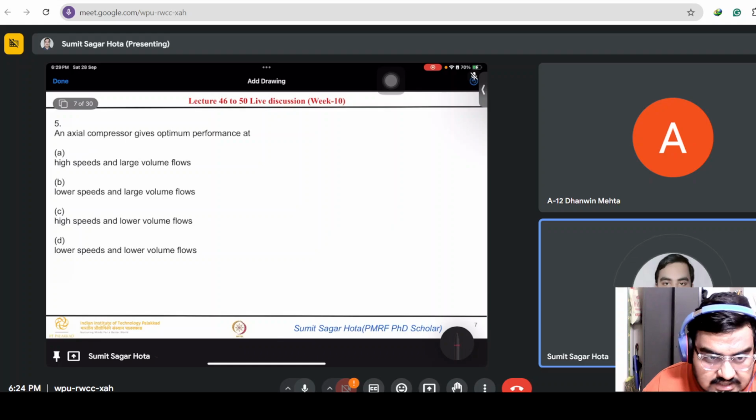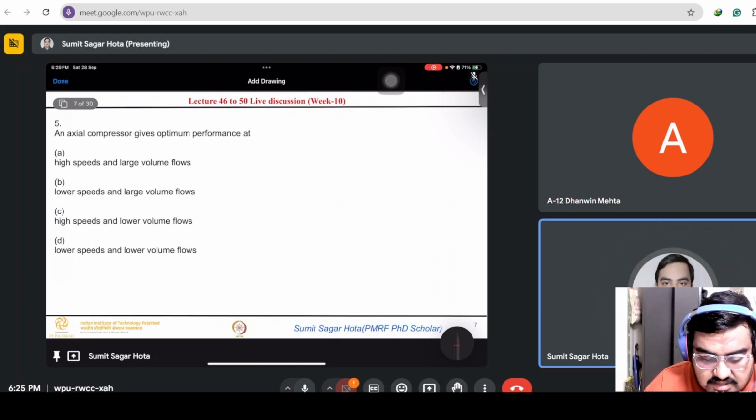An axial compressor gives optimum performance at high speed, because an axial compressor always requires a large volume of flow. If you see low speed and high speed, an axial flow compressor always works at high speeds.